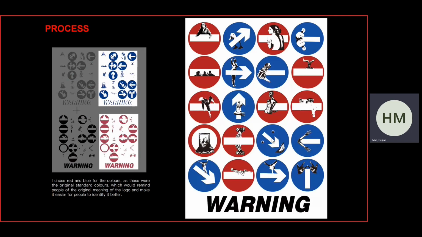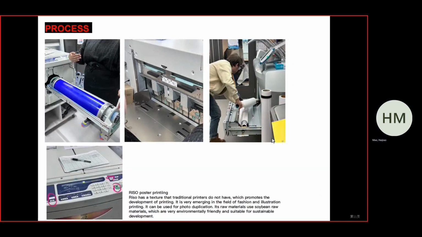And I chose red and blue for the color as those were the original standard colors, which could remind people of the original meaning of the logo and make it easier for people to identify it.